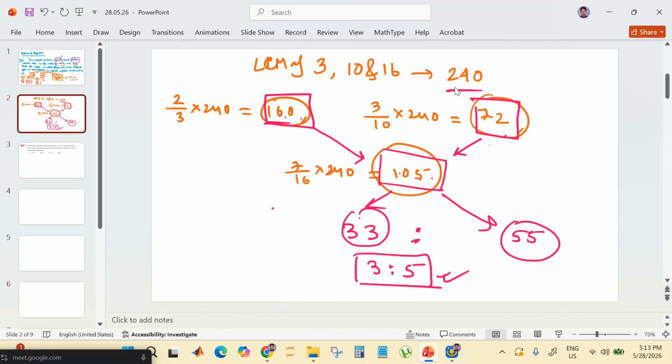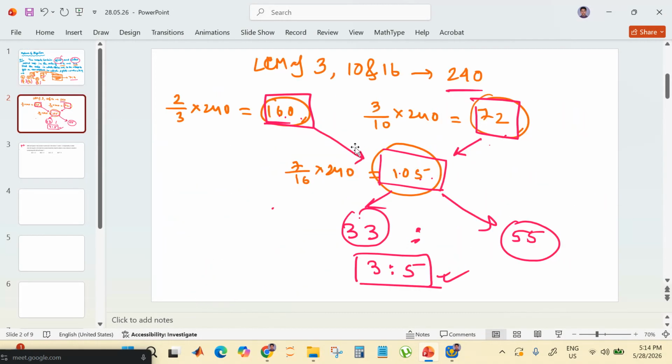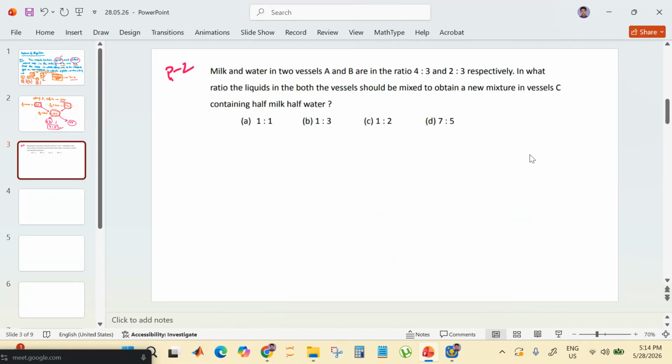And the same process you have to do. That means the LCM remains same because the denominator terms remain same, 3, 10, 16. So just subtract it taking the water ratio. After that, please do this numerical. So I am coming after 3 4 minutes.